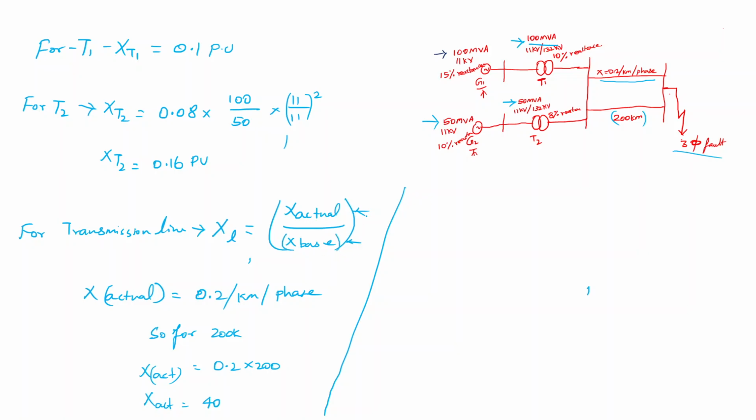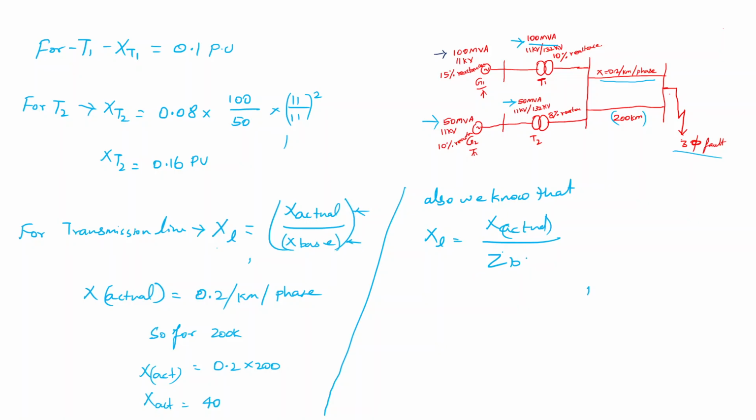Both are same. In first module itself we have covered. For X, that is reactance, we can use impedance base also. So XL can be calculated with X actual divided by Z base. Z base or X base, both are same.